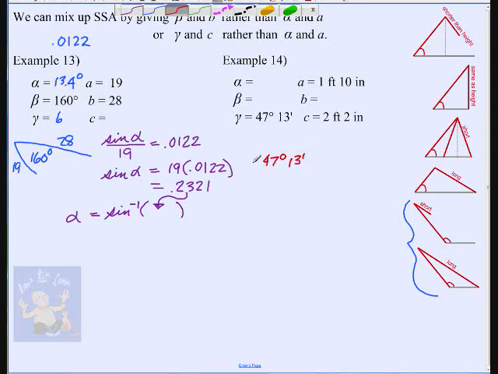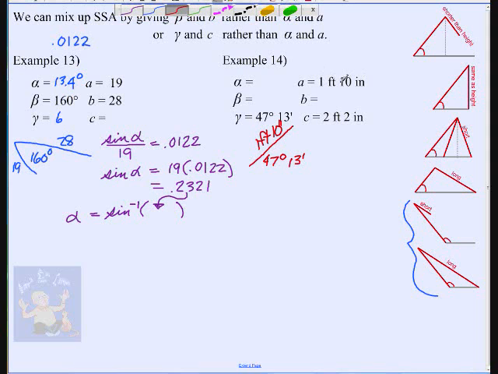It's good we're looking at that again. It's been so long. And here's our A, which is 1 foot 10 inches. We're not going to be able to work with that.